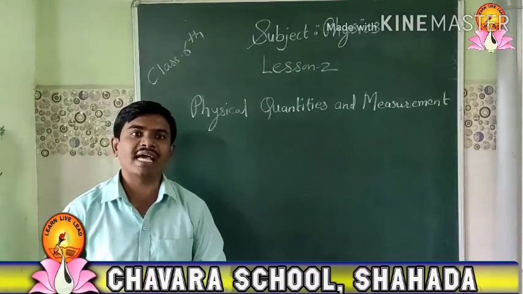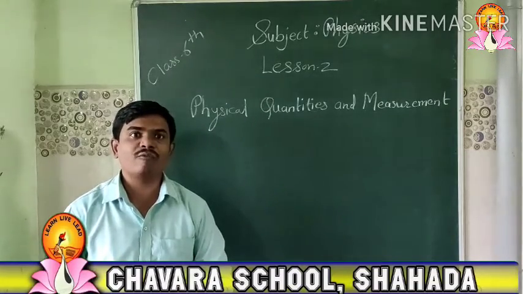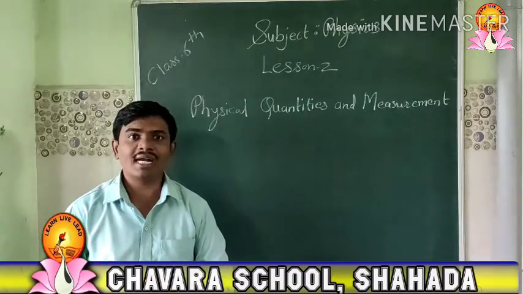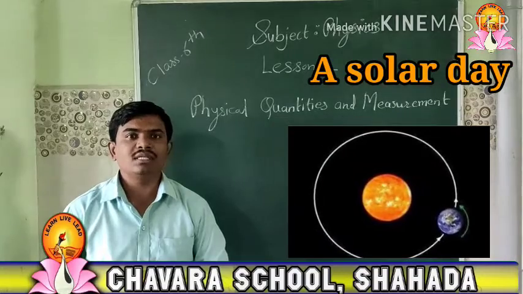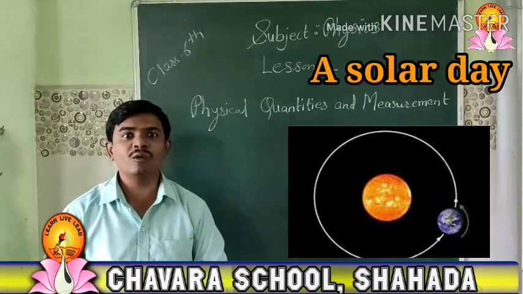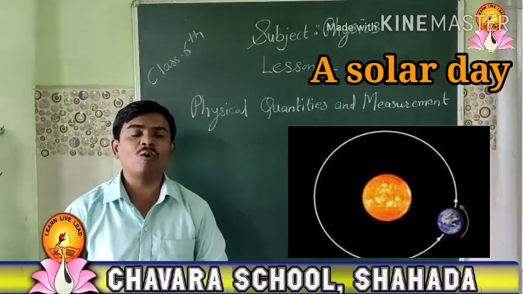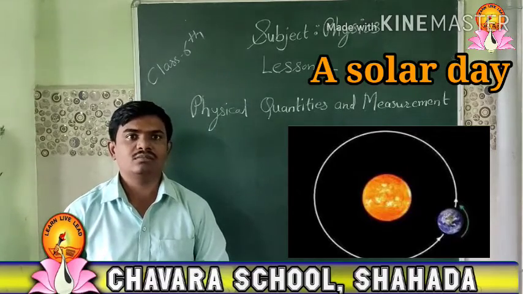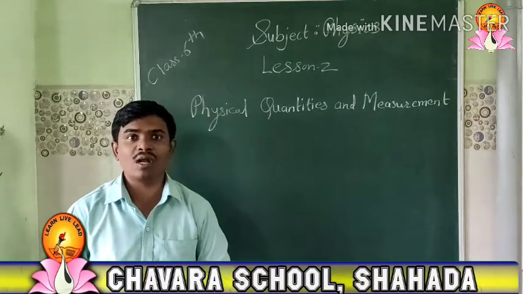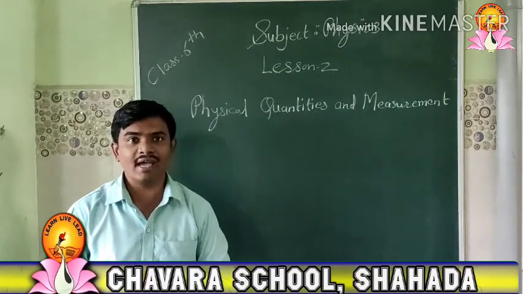Students, we measure the time in terms of mean solar day. A solar day is the time taken by Earth to complete one rotation about its own axis. There are total 365 solar days in one year.